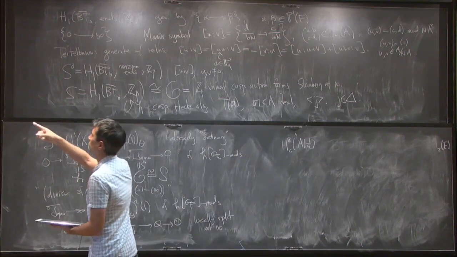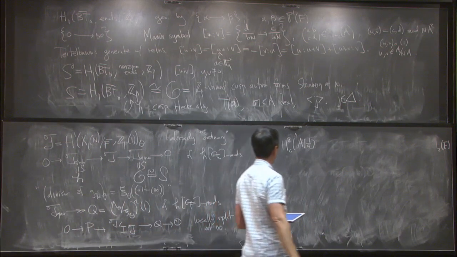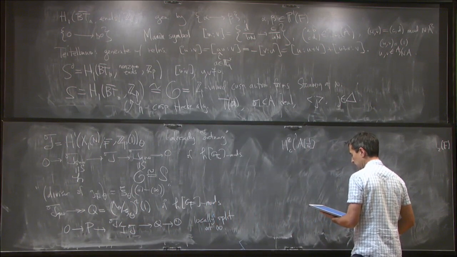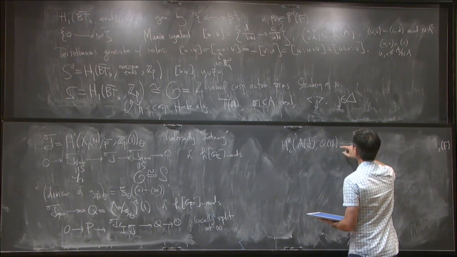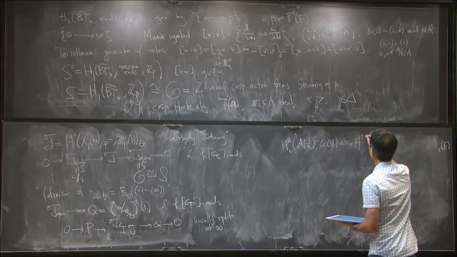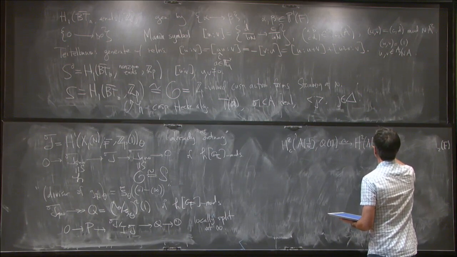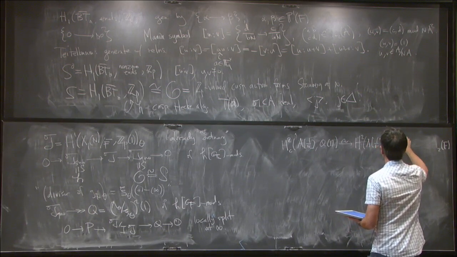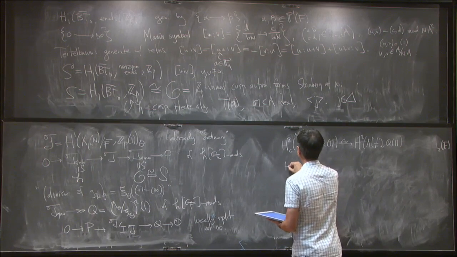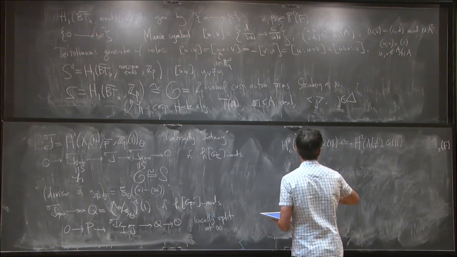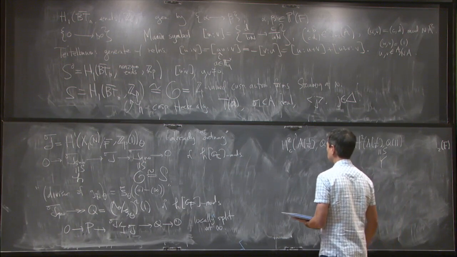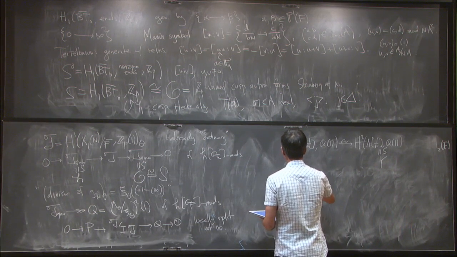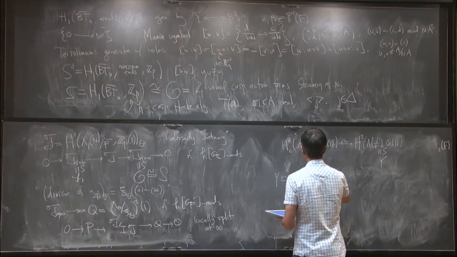Yeah, O is A. Is really just H2. So if we look at the connecting homomorphism on compactly supported cohomology, and this thing is isomorphic to Y. So in other words, what we get is Y maps isomorphically to H2.